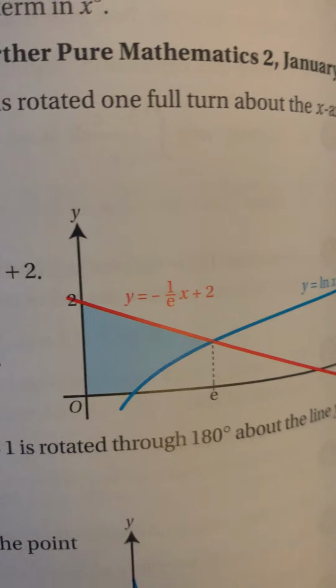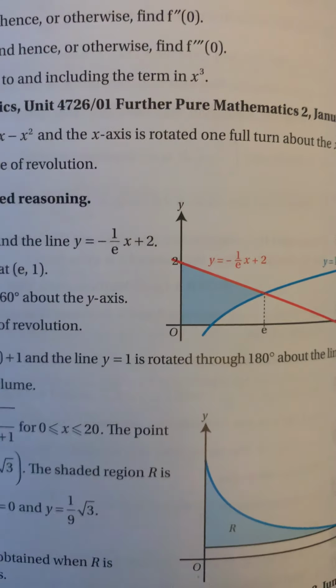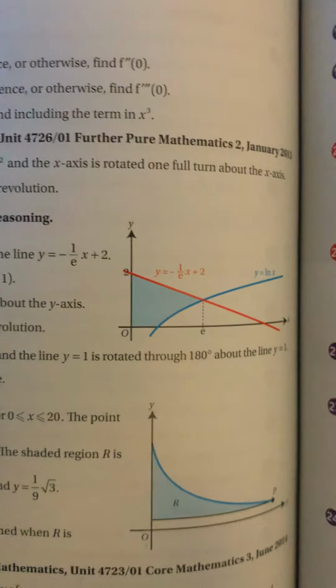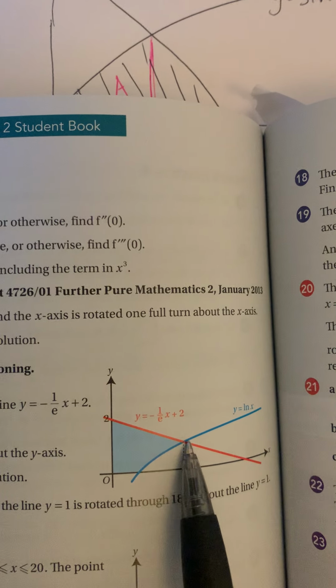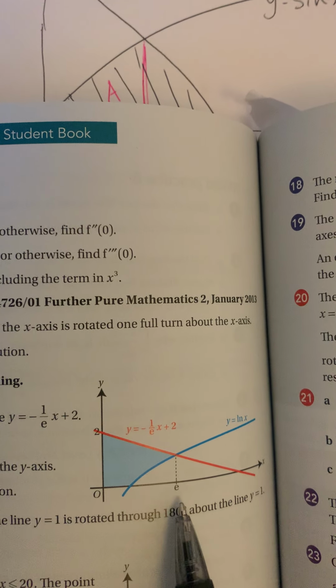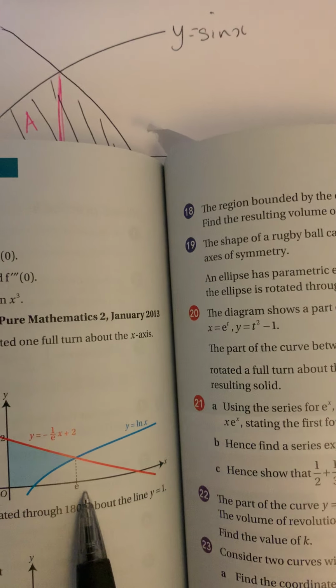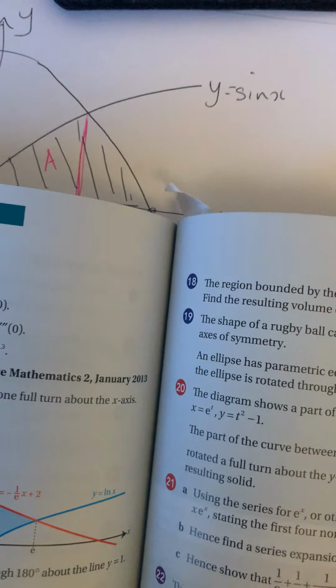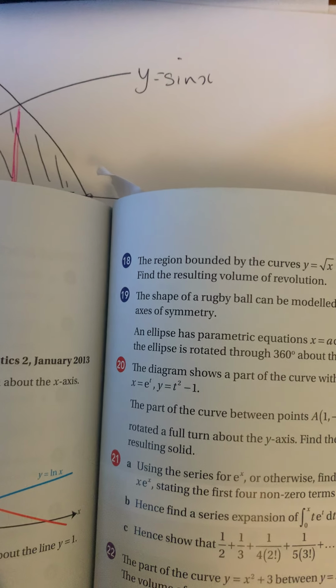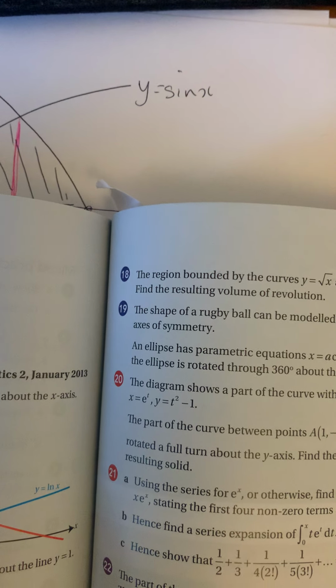So what you're going to have to do, and the only way you can do it, because it's two curves and you're not doing one take away the other. Part A is to show that, which is not what we're looking at, because that's quite straightforward log work, year 12.